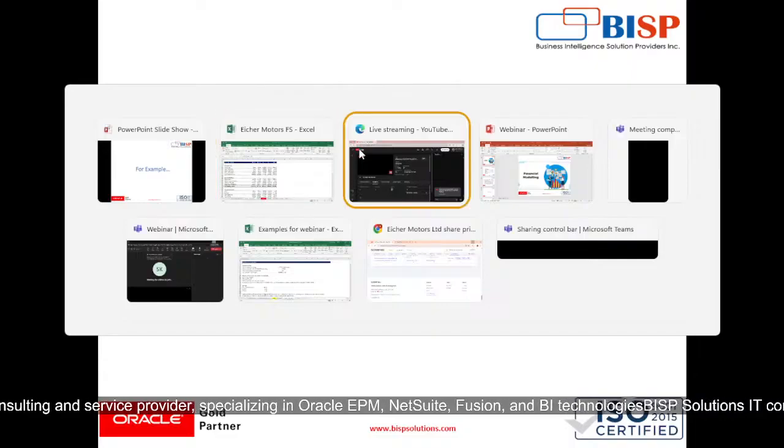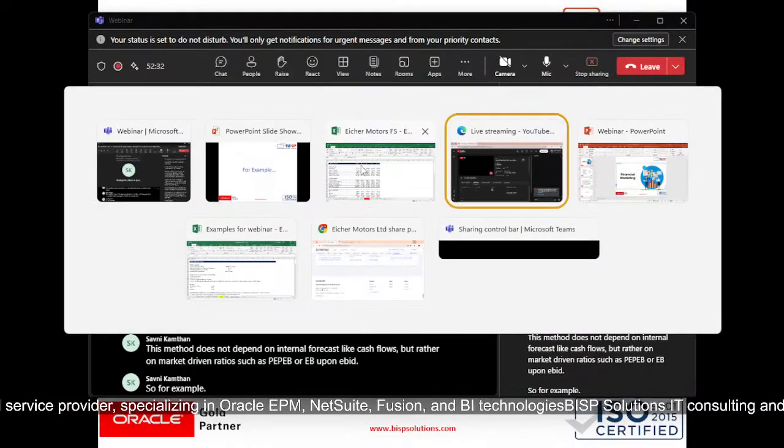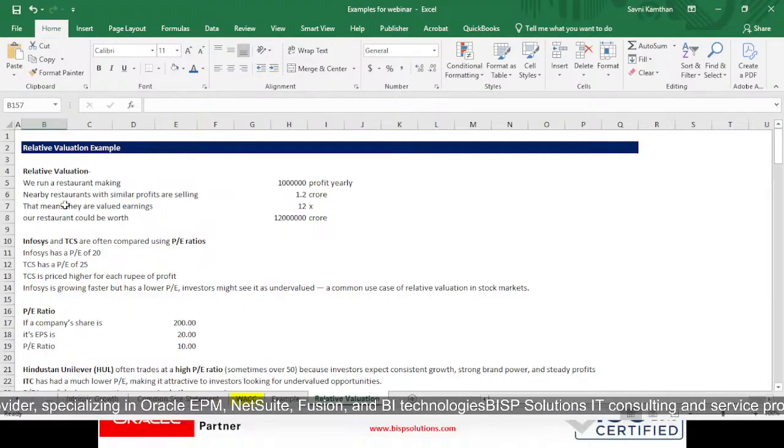For example, suppose we are running a restaurant making a profit of 10 lakh rupees yearly, and nearby restaurants with similar profits are selling their businesses for 1.2 crore, which means they are valuing their business at 12 times earnings. So our restaurant would also be worth 1.2 crore if we value our business the same way.